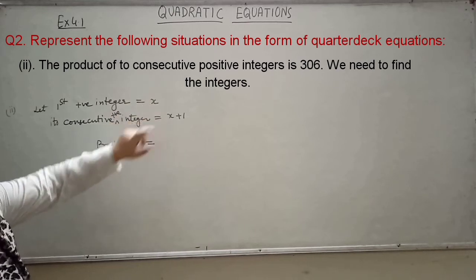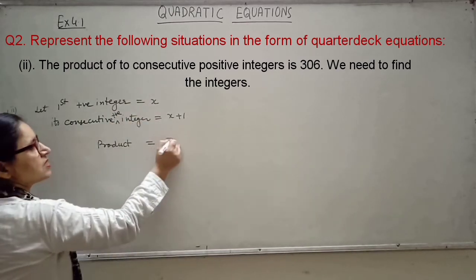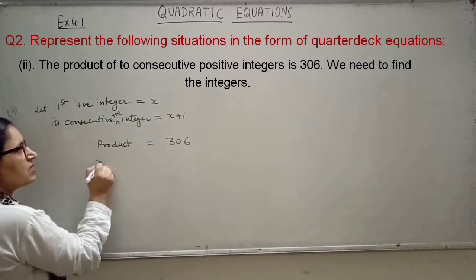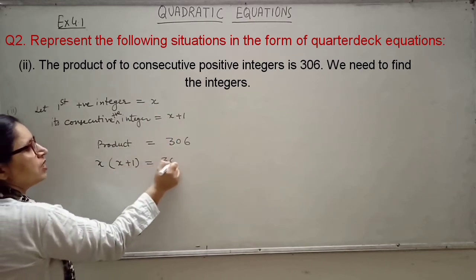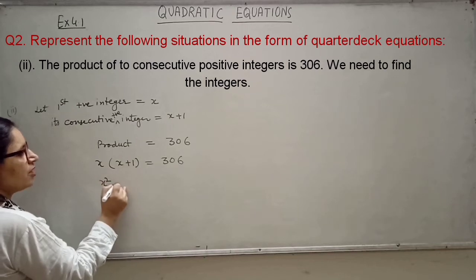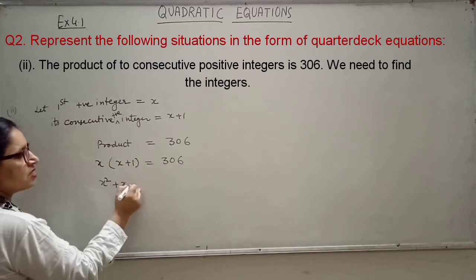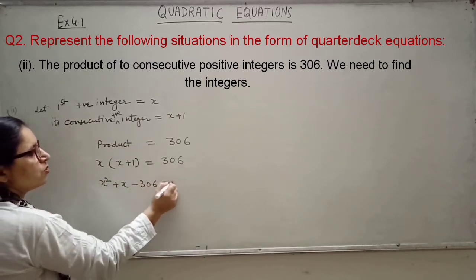Product of these two is given to us 306. So means x will be multiplied with x plus 1. This is equal to 306. So this is x square plus x, and this 306 will shift to this side equal to 0.